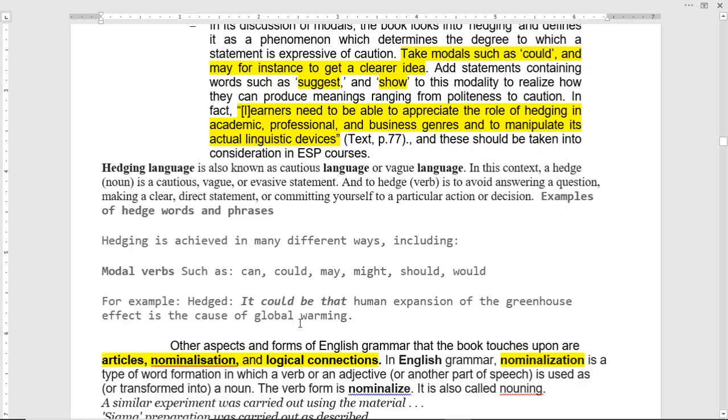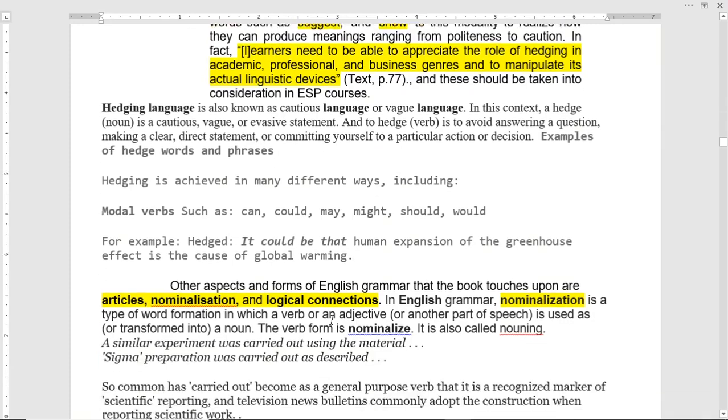In such a situation, we could say, removing this part, hedge: human expansion of the greenhouse effect is the cause of global warming. It's definite, but here it could be. So see the evasive statement, cautious and vague, when you say that using the modals.